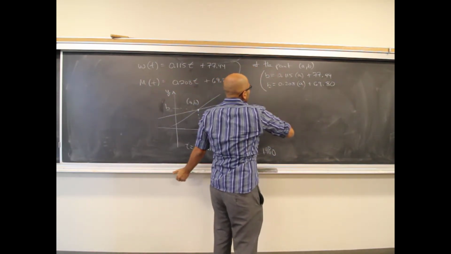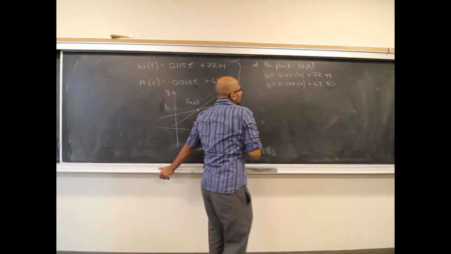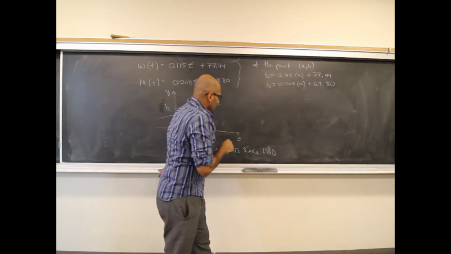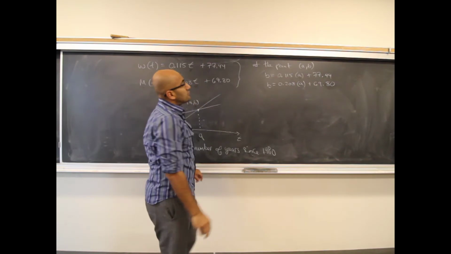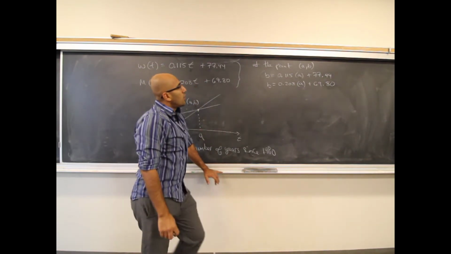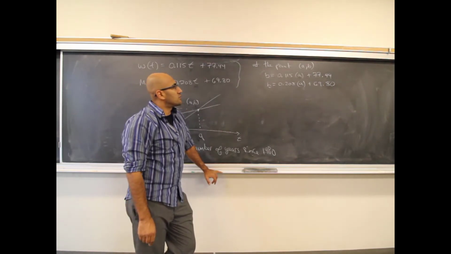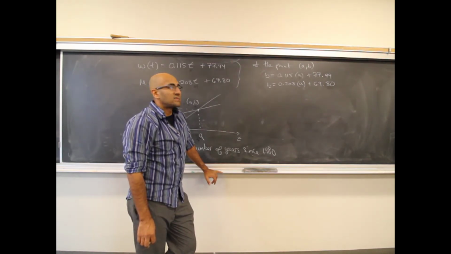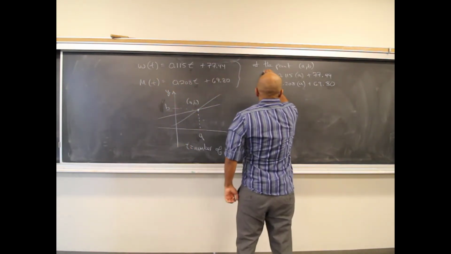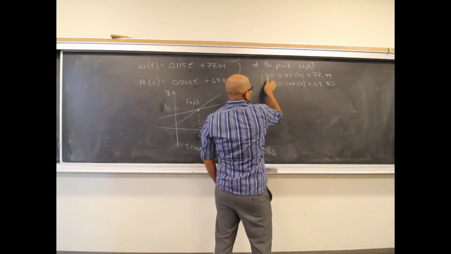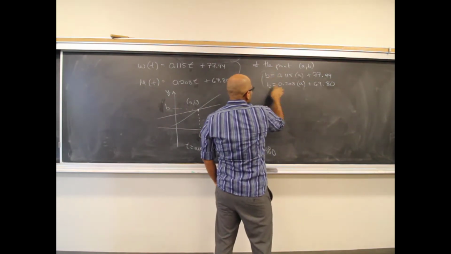So for that reason, we can solve this by using either the substitution or the elimination methods. Based on the way they look, what would be better? Substitution or elimination? Substitution. Okay, so I'm going to set this, which is equal to B, equal to this.